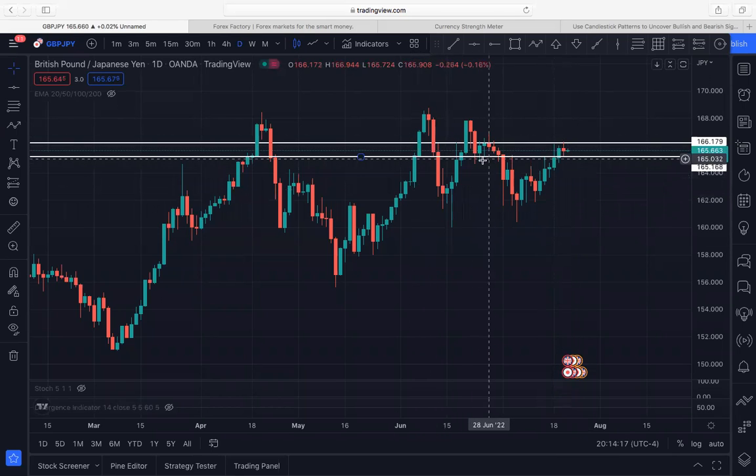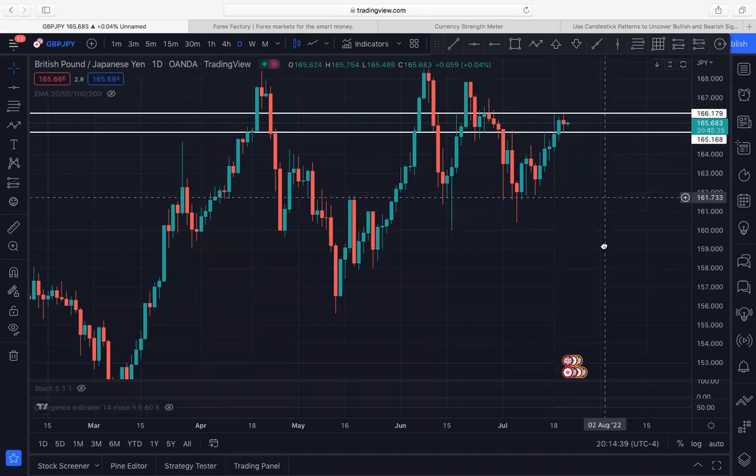So what I meant by 3 touches is between bodies, which is this rectangle here, this is the body of a candle, and then the wicks are these little lines here.